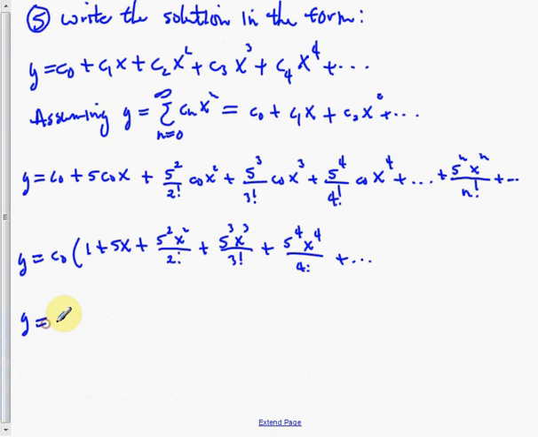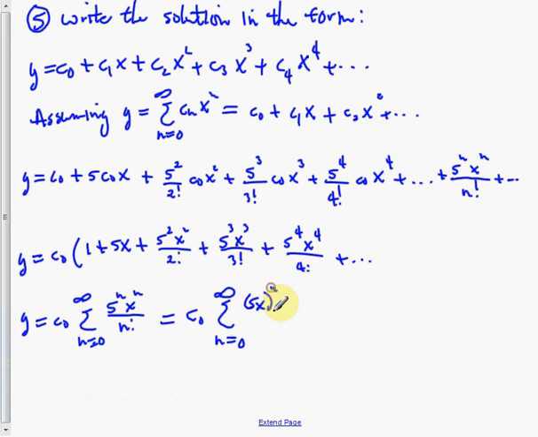This is y is equal to c naught times the summation as n goes, how do we produce the 1? Let n equal to 0. n is 0 to infinity, and this is 5 to the n times x to the n over n factorial. Or, this is c naught times the summation as n goes from 0 to infinity of 5x to the nth power all over n factorial.